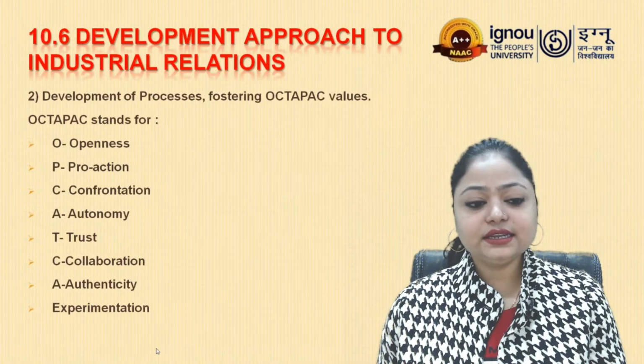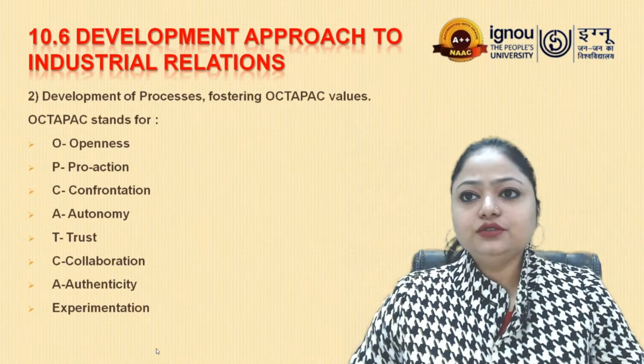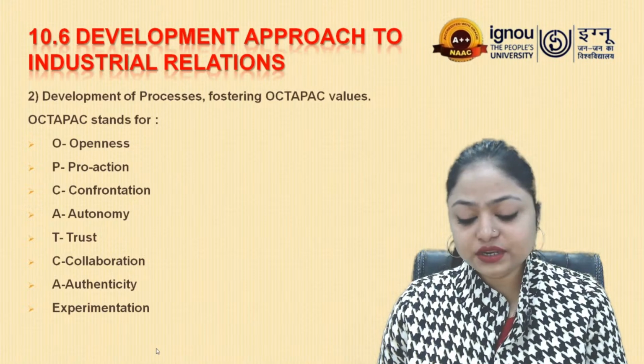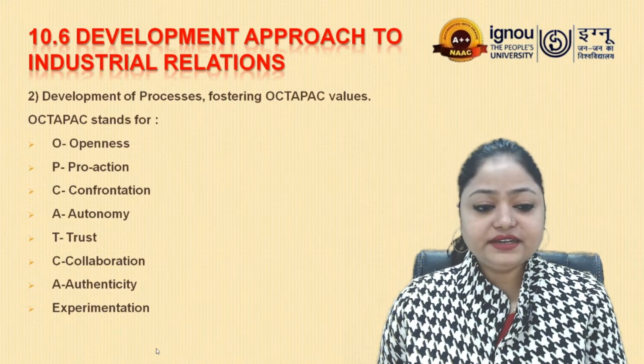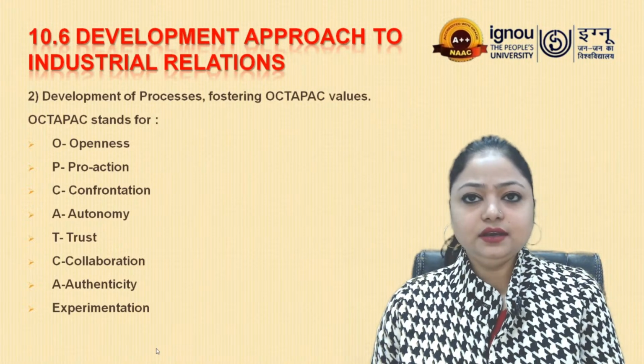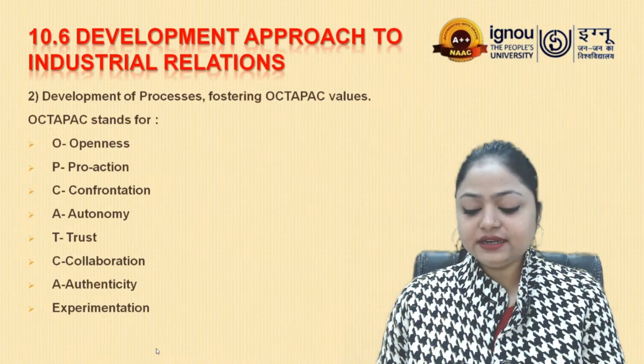Then authenticity and experimentation, that is giving scope to the employees and various trade unions to have innovative ideas, explore their creative side, and help the employees to explore their own potentiality.